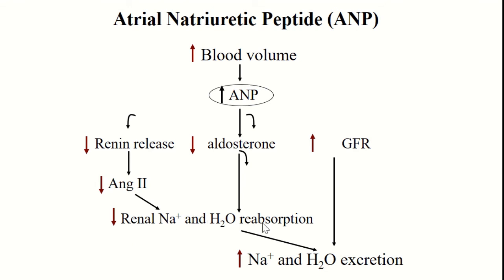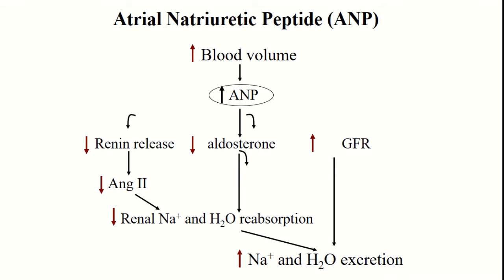So when there is decreased reabsorption of sodium, that leads to increased secretion or increased loss of sodium in the urine. That's why this is called natriuretic factor. First important thing was this. Second, atrial natriuretic peptide also increases glomerular filtration rate. Increase in GFR again leads to increased loss of sodium and water through the urine.